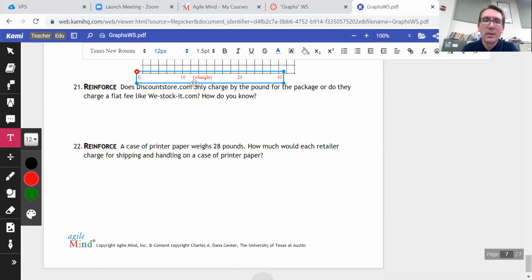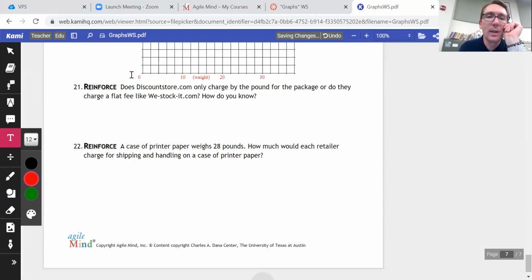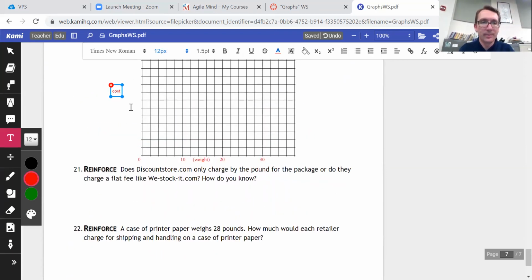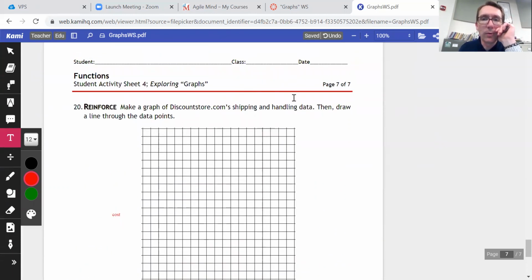I forgot to spell. W-E-I-G-H-T. Wow. So 2, 4, 6, 8, 10. There we are. We're back to where we were supposed to be. I was just writing in the, and then we've got our cost over here. Cost. Our costs could go up to 40.